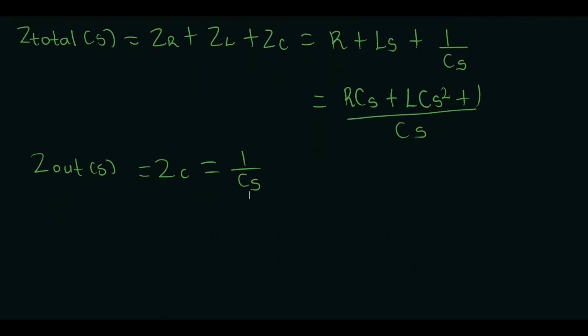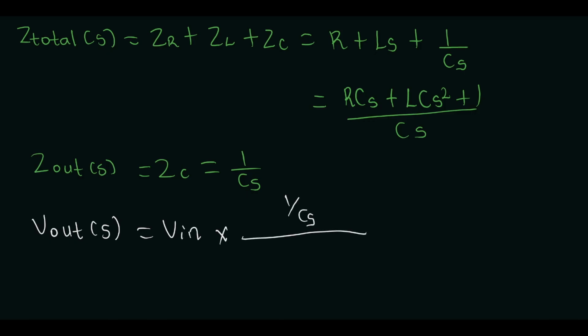So substituting that into our formula, we have V out of S equals to V in multiplied by 1 over CS over RCS plus LCS squared plus 1 over CS. So these two can cancel.